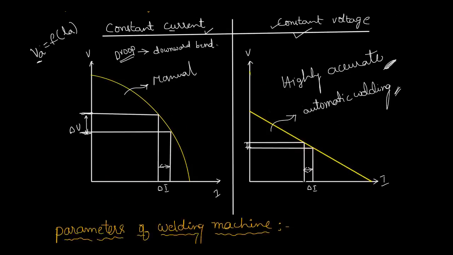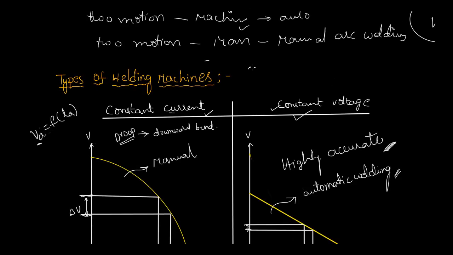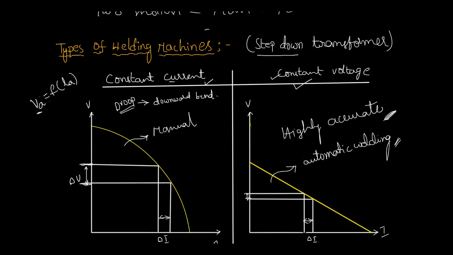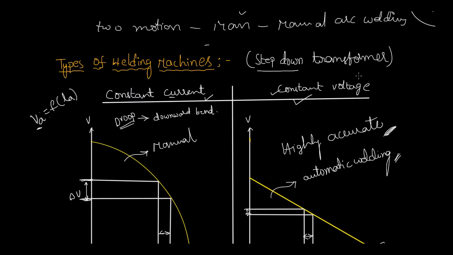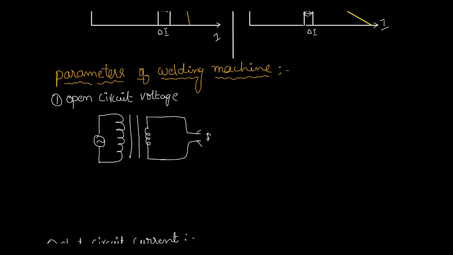By the way, these two welding machines work based on a step down transformer. What actually a step down transformer will do is it will decrease the voltage rating and will increase the current. We want high currents for production of maximum heat, so that's why we are using a step down transformer.